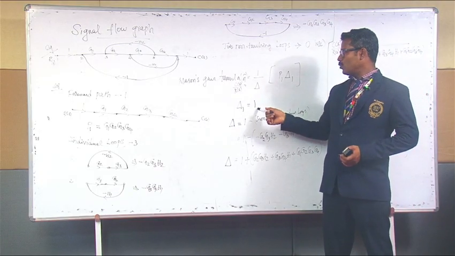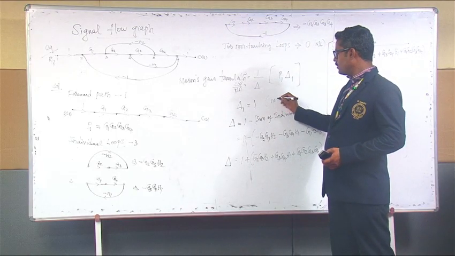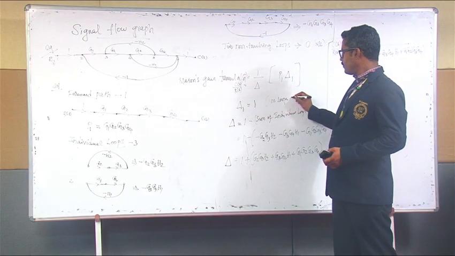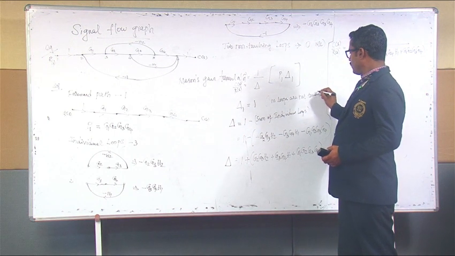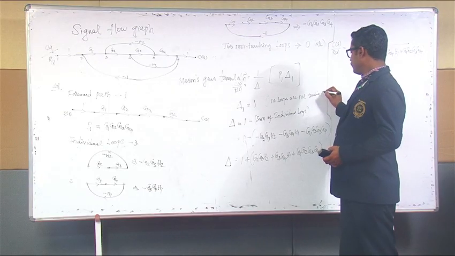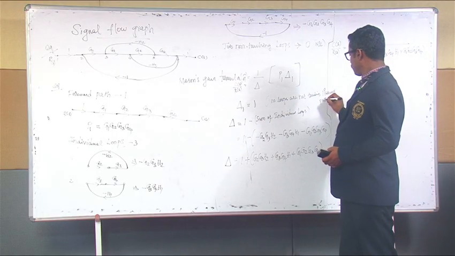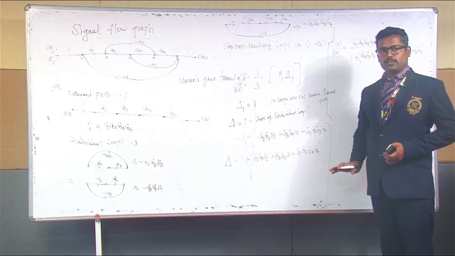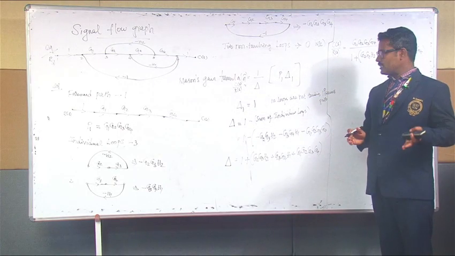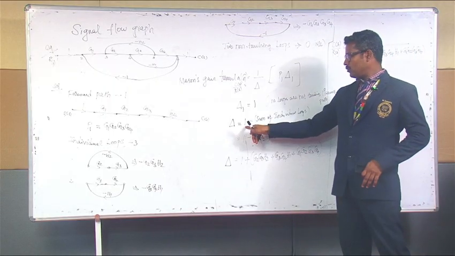The del 1 value is 1 because no loops are not touching the first forward path. In the first forward path, all the loops are touching, so there are no loops which are not touching this first forward path.